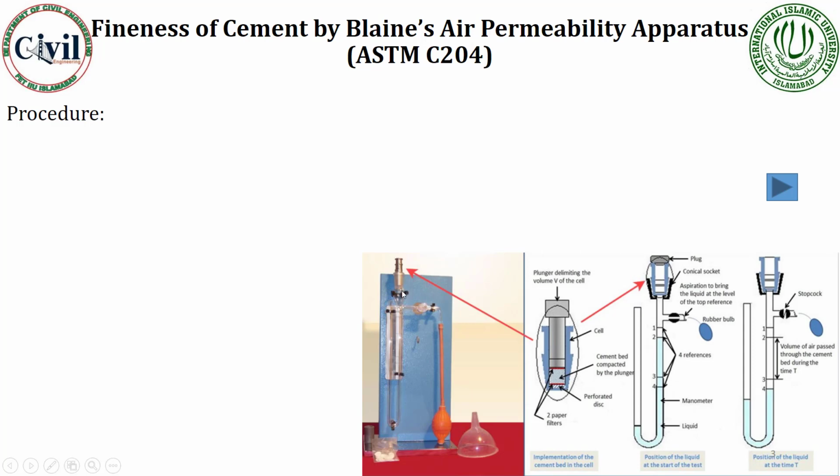If you see, it comprises a manometric tube which contains a manometric fluid. It is a U-type manometric tube. At the top of the manometric tube, you have a cell in which your sample is kept. The cell contains the cement sample, surrounded by two filter papers at the bottom and top, and the cement sample is laid upon the perforated tube through which the air can be passed.